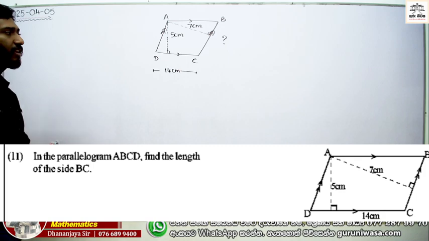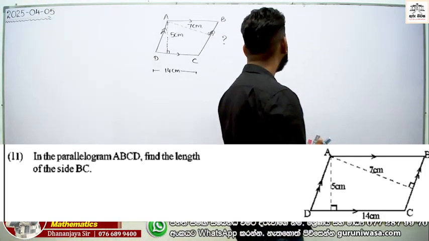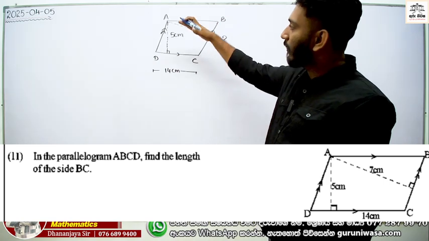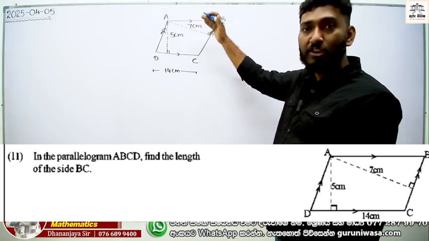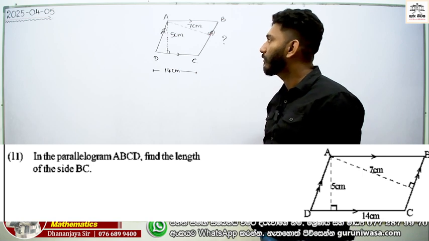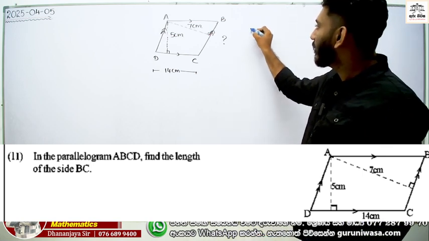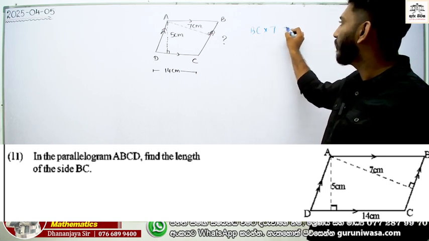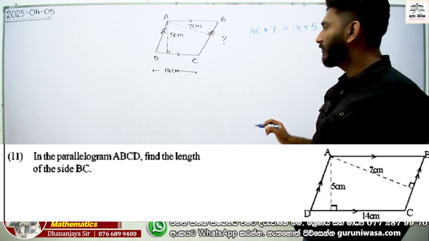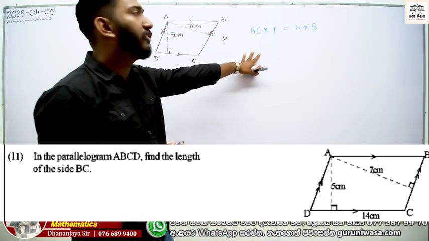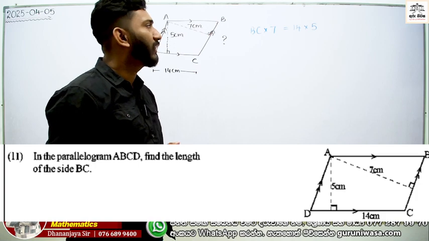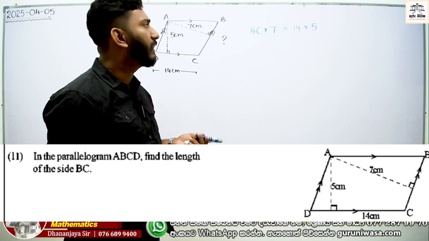Now we can write an equation using BC. This becomes base and the perpendicular height becomes 7. BC into 7 should be equal to DC into 5. එහෙනම් BC multiply by 7 should be equal to 14 into 5. Because this is the area of the parallelogram, and this is another way to find the area of the parallelogram. This was very easy, right?